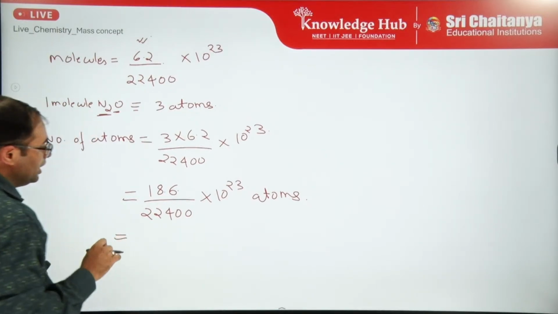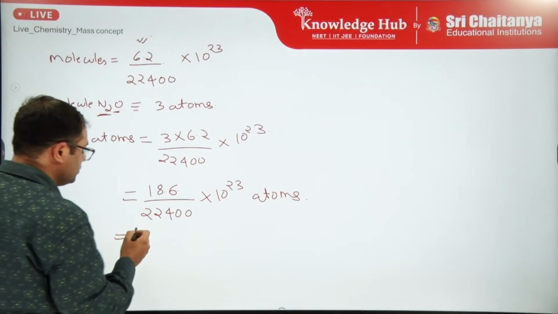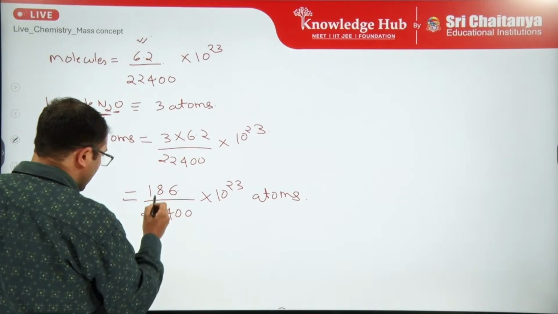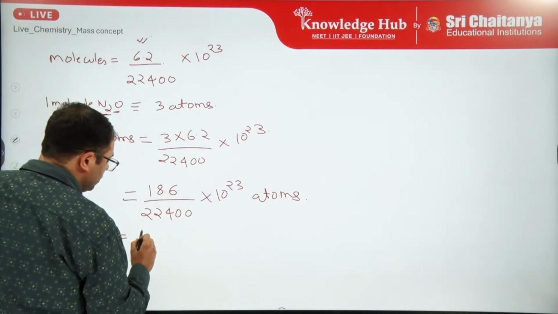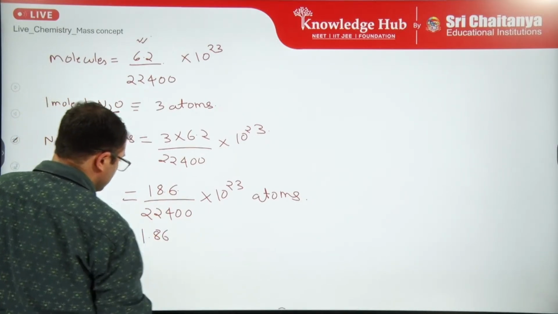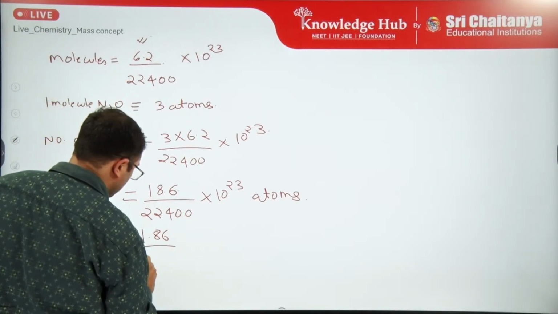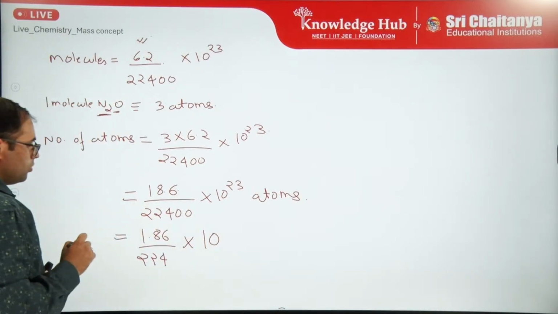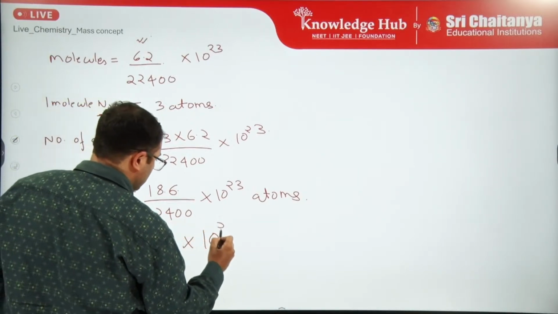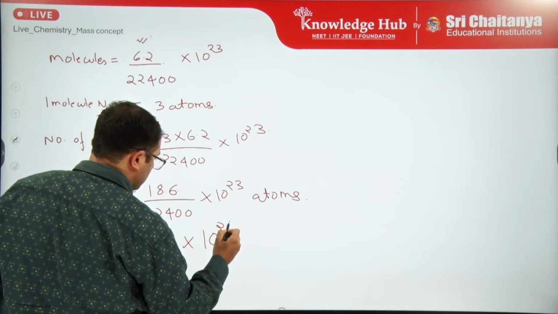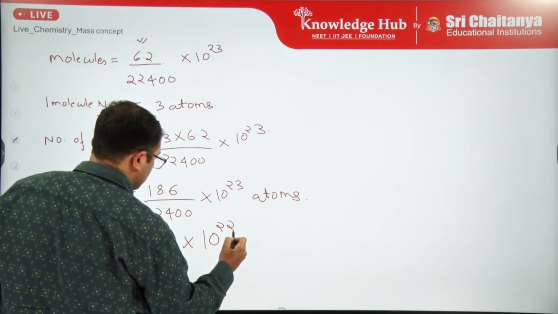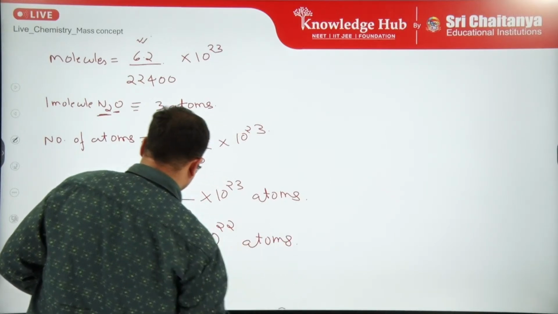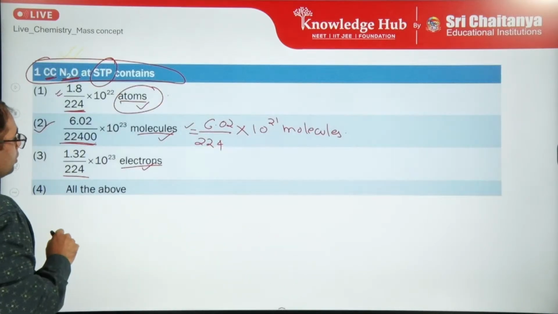Now, this can be clearly and easily written as, so if you cancel these out and substitute for the decimal, 22 atoms, right?